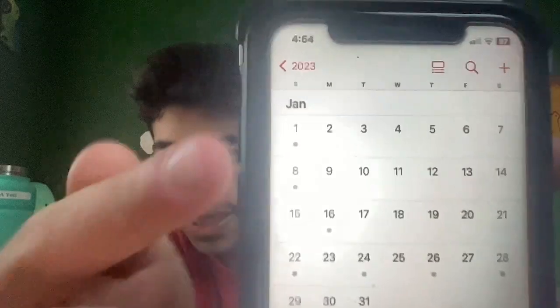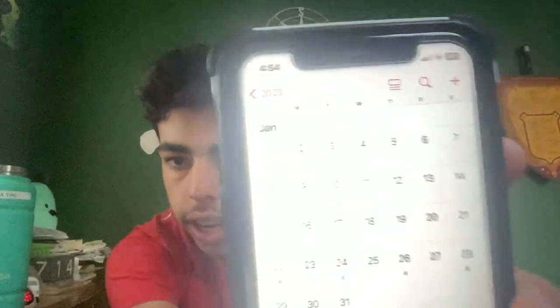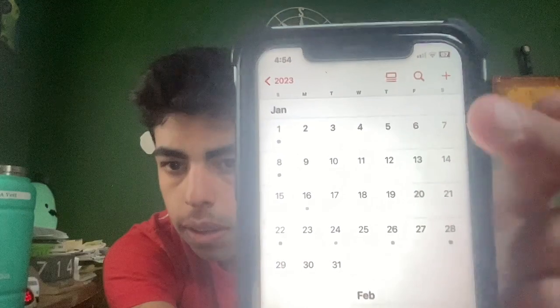As you see right there, if you look at Saturday, the days on Saturdays are 7, 14, 21, and 28. So if you know the 7th, you know 7 plus 7, 7 plus 14, 7 plus 21, and 7 plus 28. That is where you're going to be good at memorizing that part.